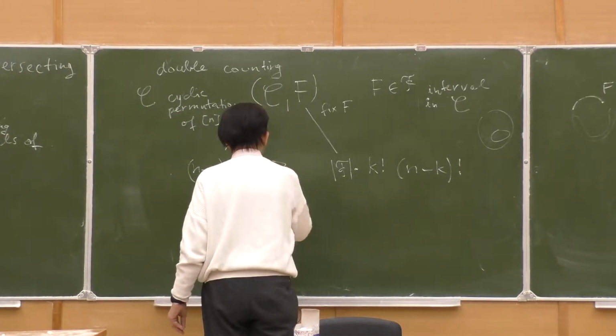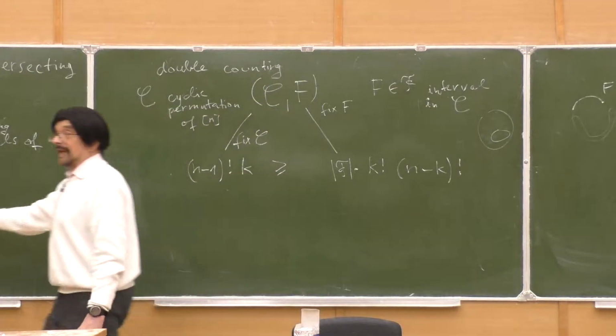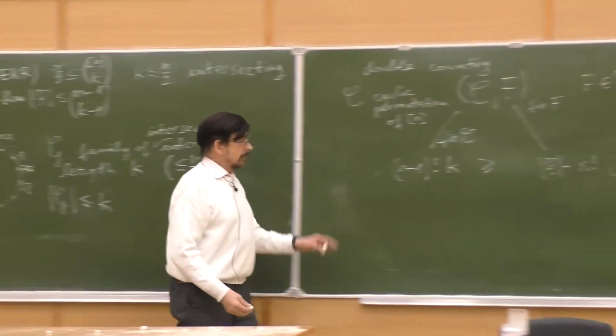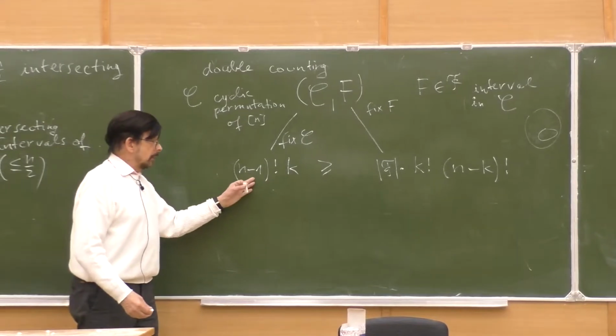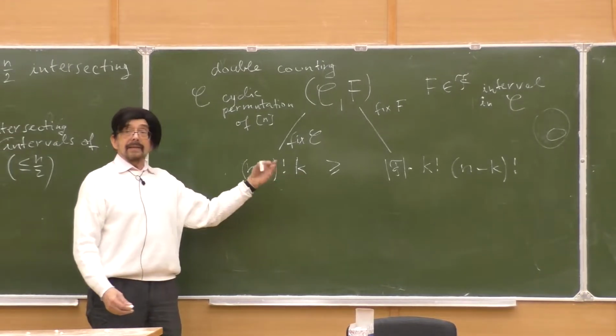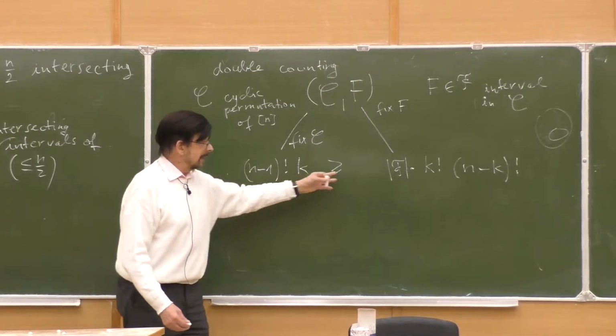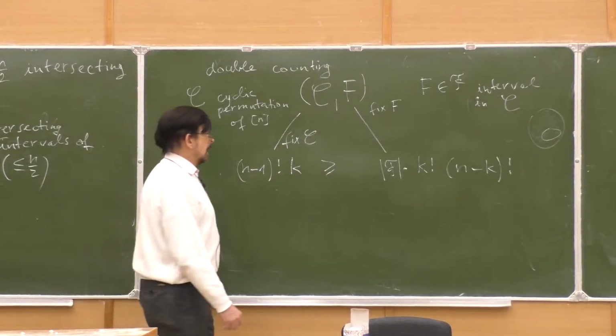And so k is the largest value. So typically for one cyclic permutation, we have a number which is less than or equal to k. So if we write k here, then we get an inequality.